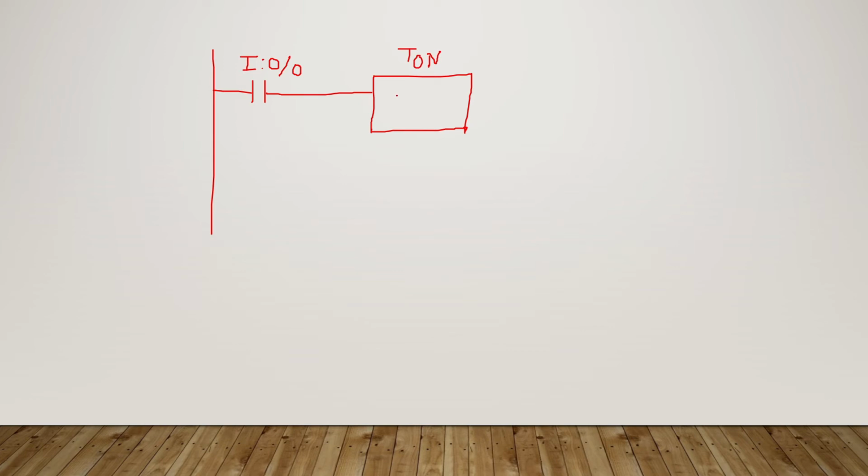Here are two important things. One is the address. We will put the address as T4:0. Don't worry about that. And you can see one is the preset value and another is the accumulated value. Let me give you an example. We will discuss everything in detail in a later section, but let me give you a glimpse of the gist of this timer.